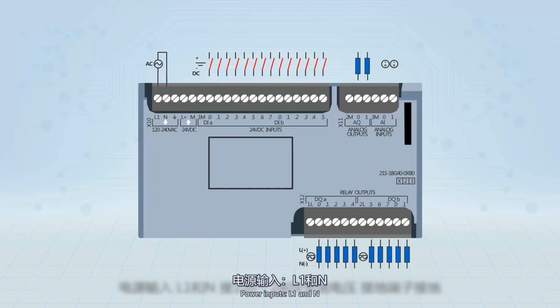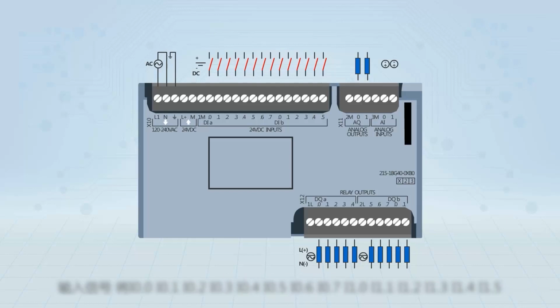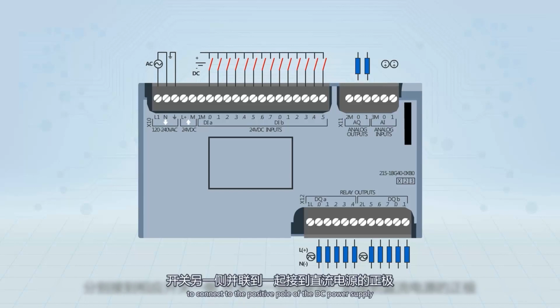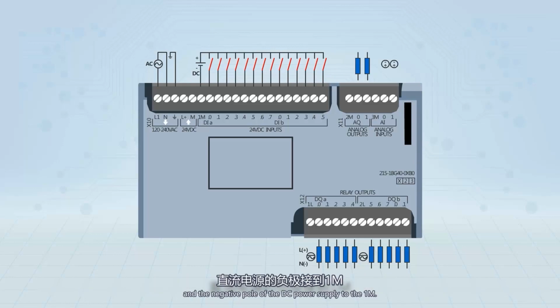Power inputs, L1 and N, connect to 120 to 240 V AC voltage, ground terminal grounded. Input signal, connect I0.0, I0.1, I0.2, I0.3, I0.4, I0.5, I0.6, I0.7, I1.0, I1.1, I1.2, I1.3, I1.4, I1.5, respectively, to one side of the corresponding switch, and the other side of the switches in parallel to connect to the positive pole of the DC power supply, and the negative pole of the DC power supply to the 1M.